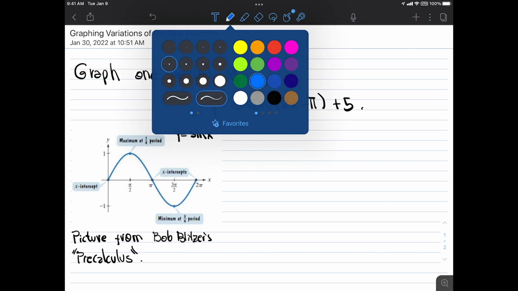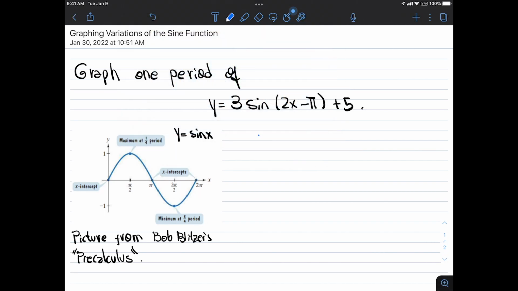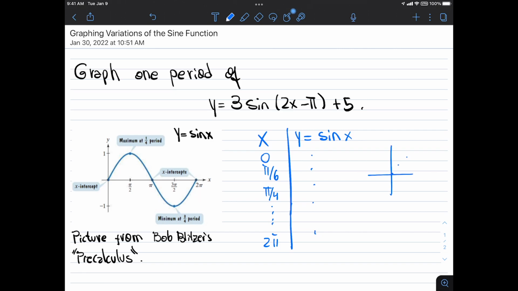In case you don't remember, we did that by creating a table of x and y equals sine x, and then putting a bunch of angles like 0, pi over 6, pi over 4, all the way up to 2 pi, finding what the y values were for these, plotting those in a graph, and then assuming that a smooth curve connected these. So that's how we got this basic shape of y equals sine x.